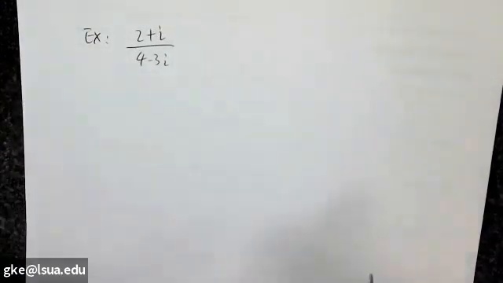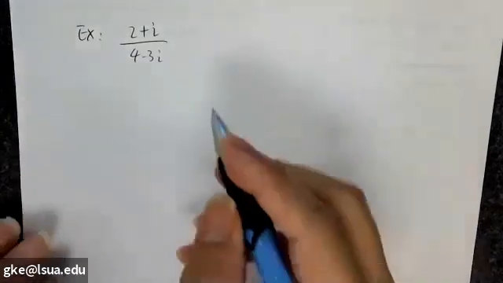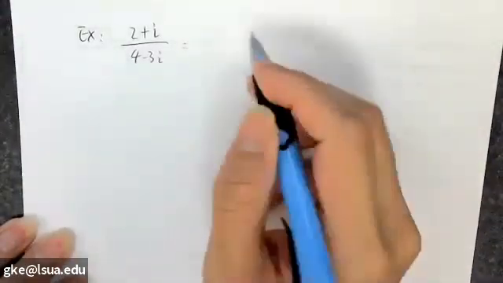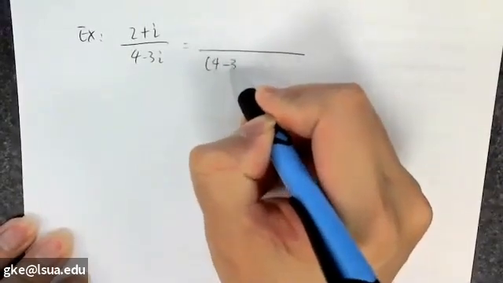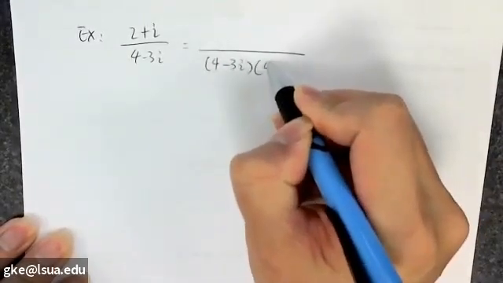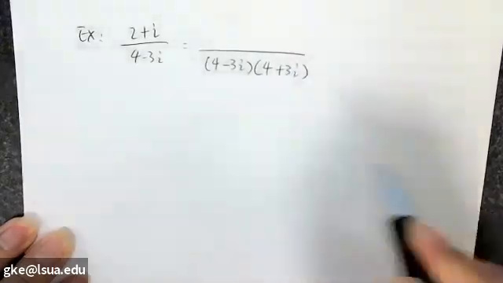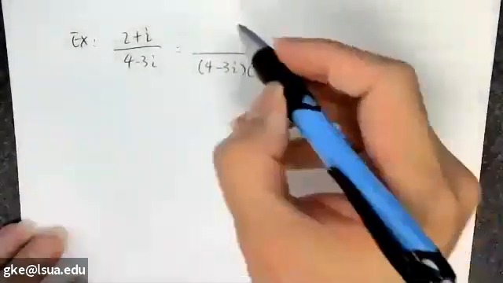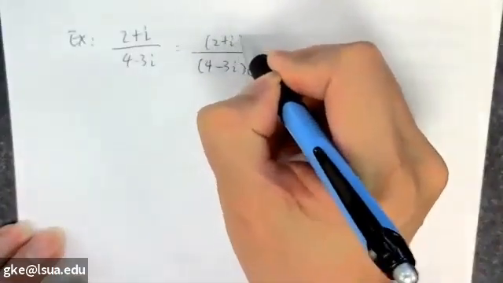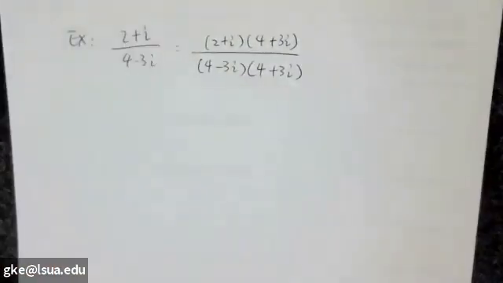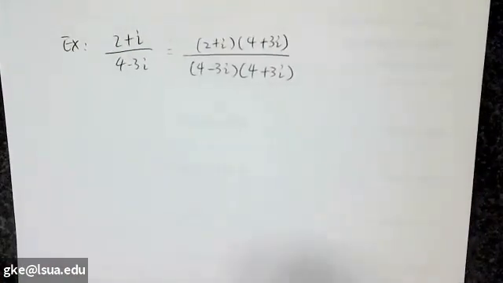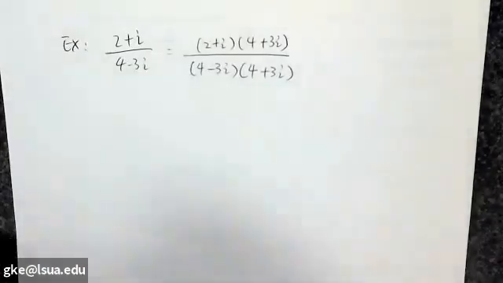Okay, I'm gonna finish it. So the denominator times the conjugate.